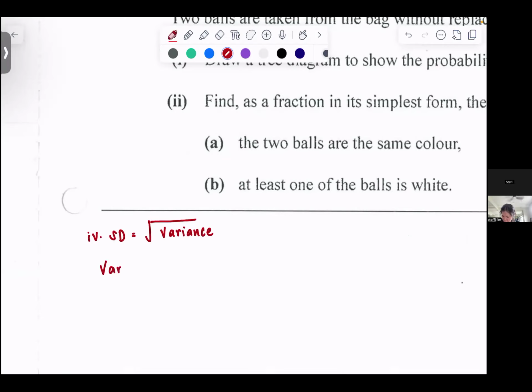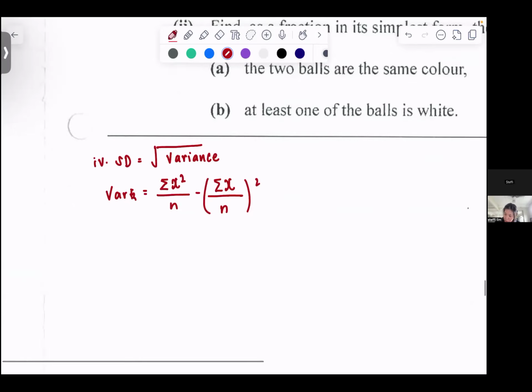What is the formula for it? It's the sum of all my entries individually squared over number of entries, minus the sum of all my entries over number of entries, whole thing squared. So how do I find my sum of entries first?